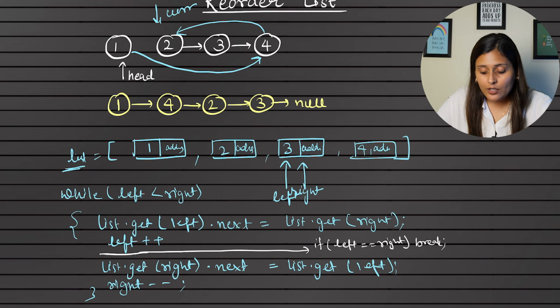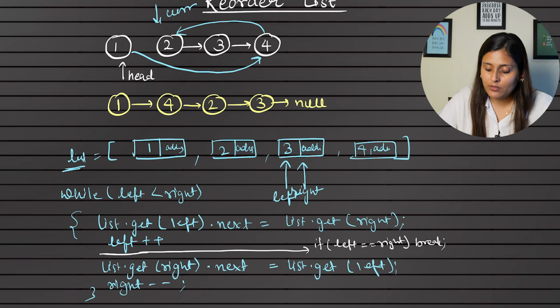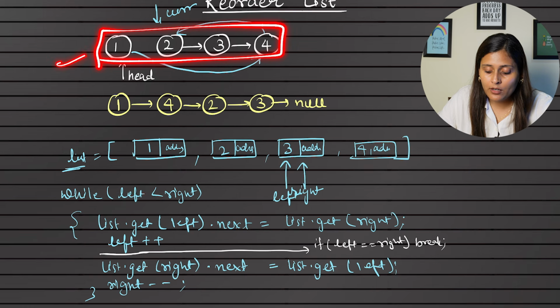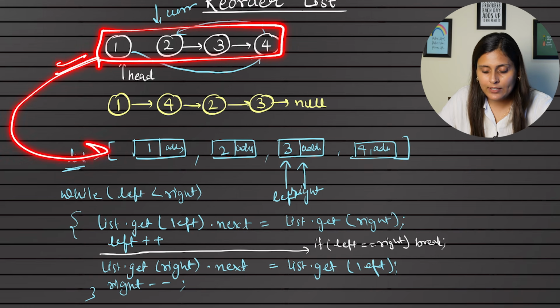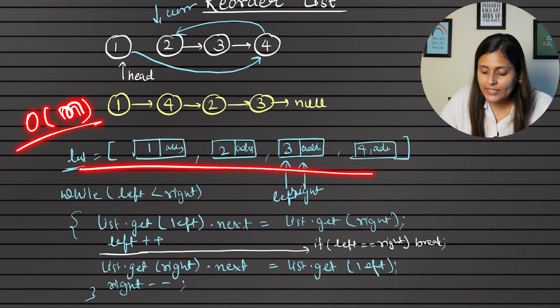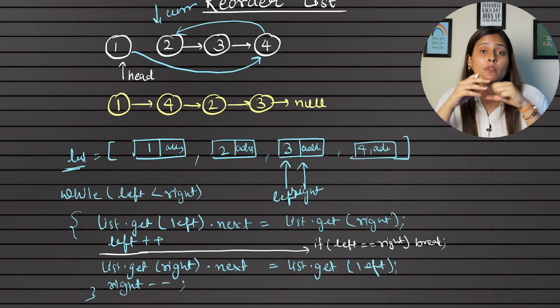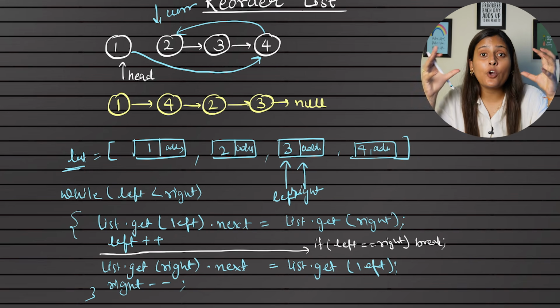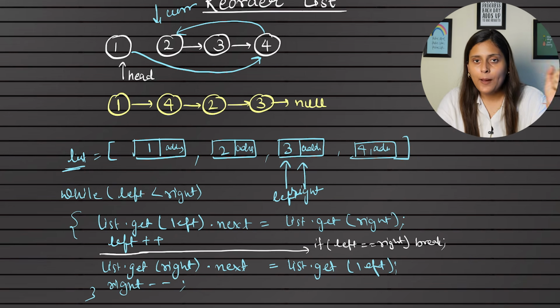Okay, so here also what will the time complexity be? First, you have read the nodes and inserted them in the list. Extra space complexity is O of n, because you are creating the extra array list, correct? But the problem statement says we have to reorder the nodes of the linked list, whereas previously we overwrote the values, correct?